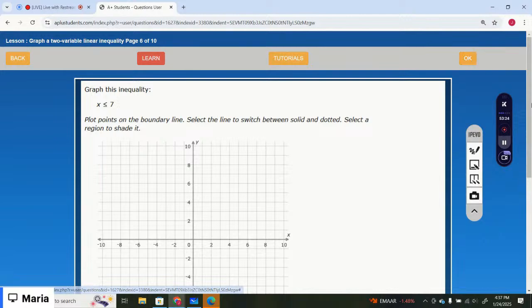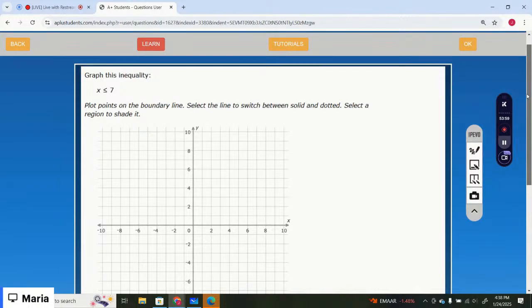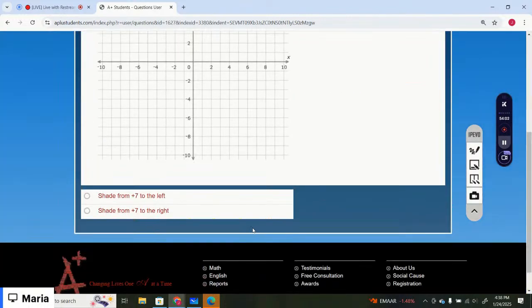X is less than or equal to 7, which is the correct option? X is less than or equal to, so that means shade from positive 7 to the left.